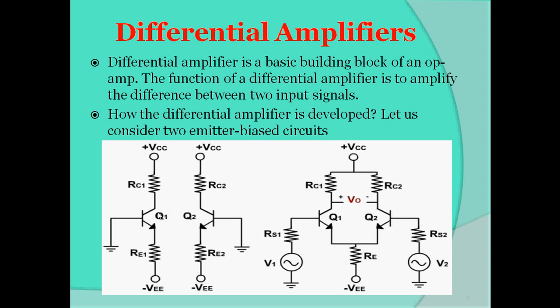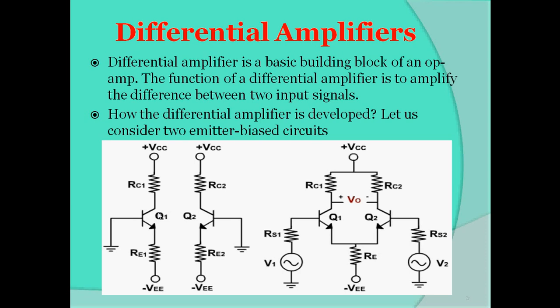As they are identical circuits, resistor RE1 is equal to RE2. Similarly, collector resistors RC1 is equal to RC2, and the magnitude of VCC is equal to the magnitude of minus VE. Remember here that the supply voltages plus VCC and minus VE are measured with respect to the ground.